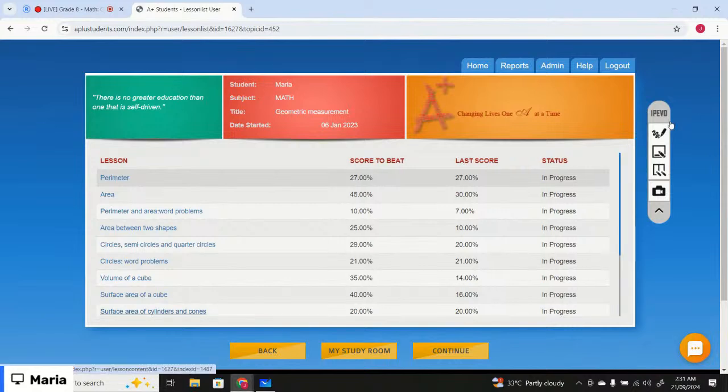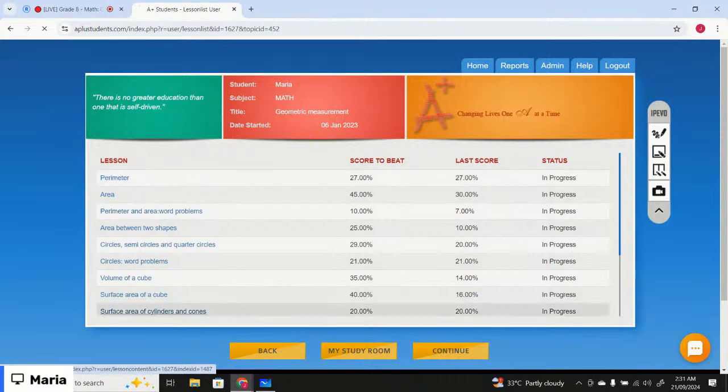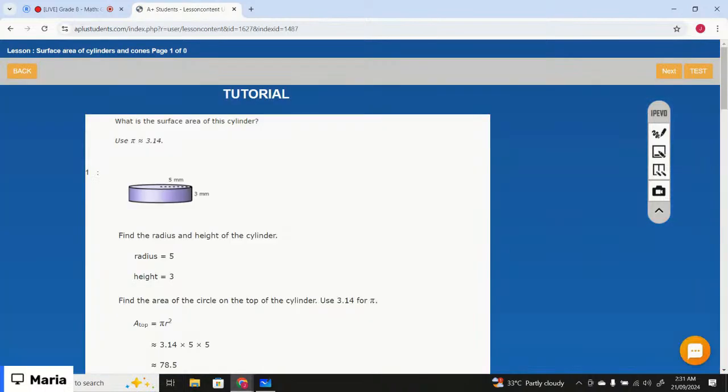The next lesson is surface area of cylinders and cones. Let's just start with the lesson.